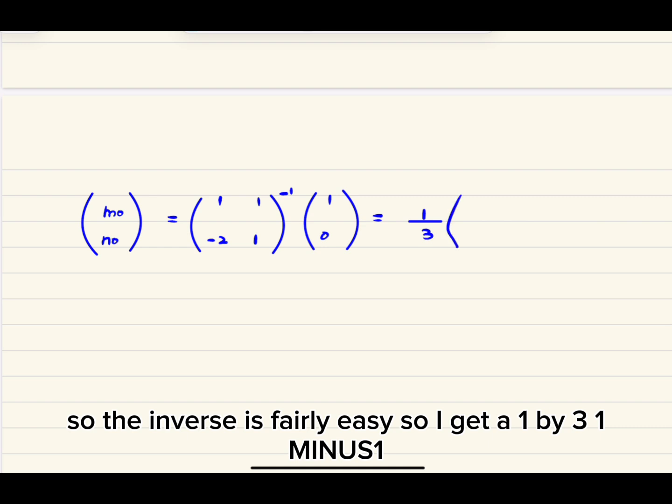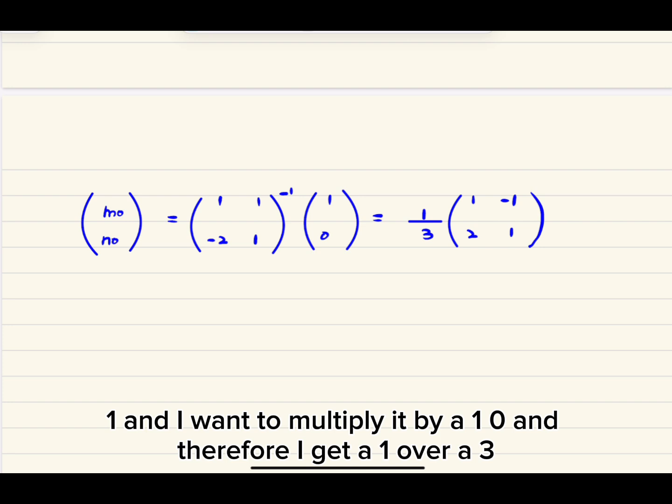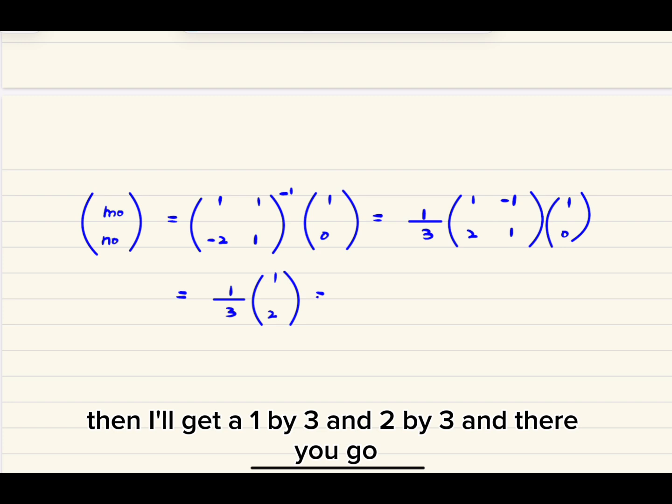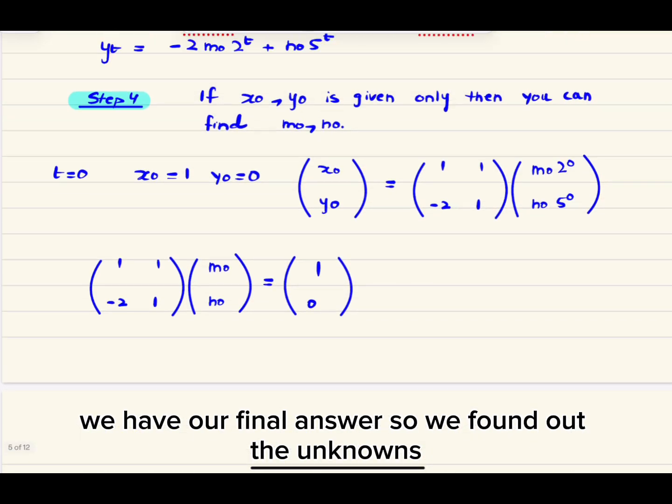So I get 1 by 3, times the matrix 1, minus 1, 2, 1, and I want to multiply it by 1, 0, and therefore I get 1 over 3, 1, 2, and then I'll get 1 by 3 and 2 by 3. And there you go. We have our final answer.